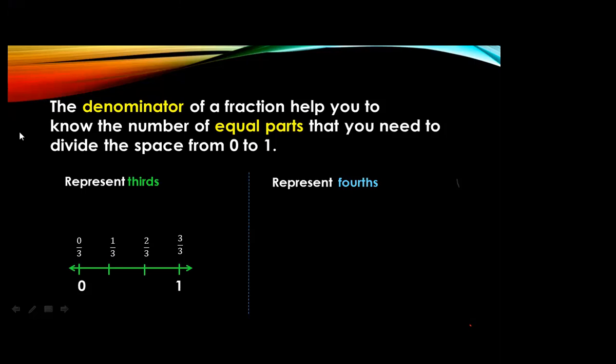Fourth is what? The fourth, which is what? 1/4. 1/4. To represent 1/4, I will write 1/4.